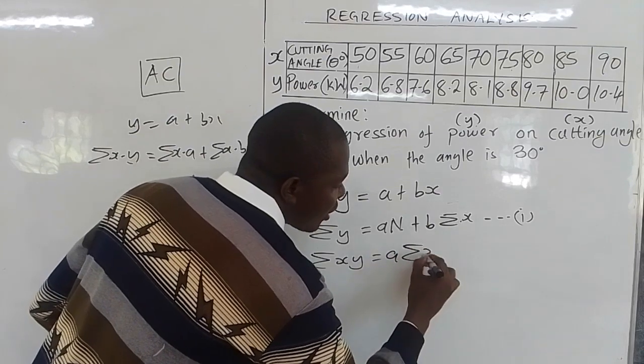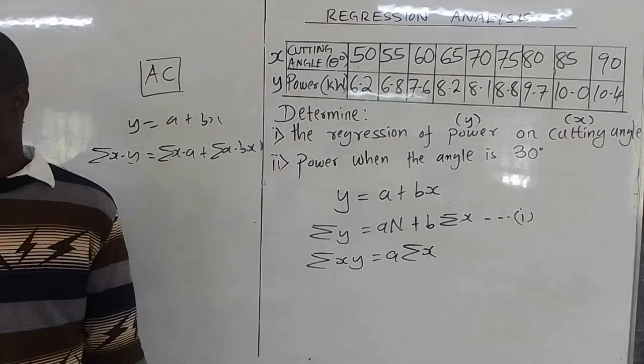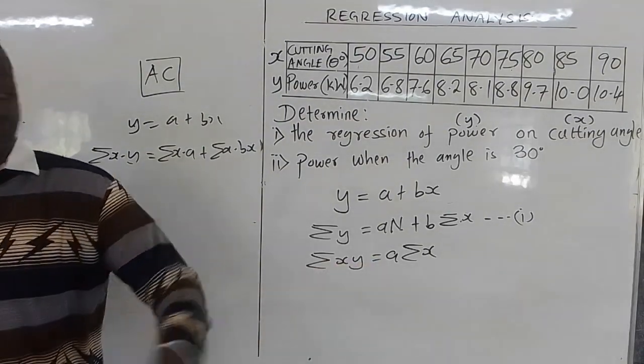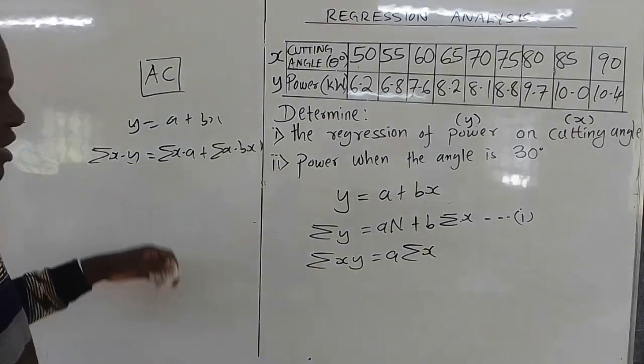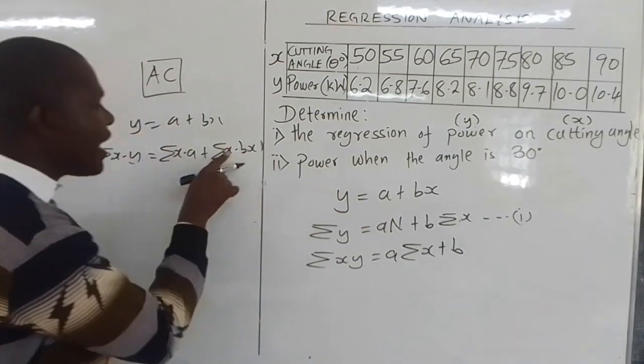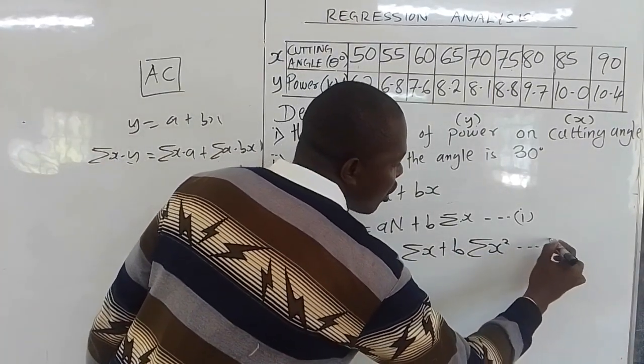Remember, n only appears when the summation has disappeared. Where there is a summation, the n is still there under the summation because you are still summing them. Then b is a constant you factor outside, plus b, then x times x gives summation x squared. That is equation 2.